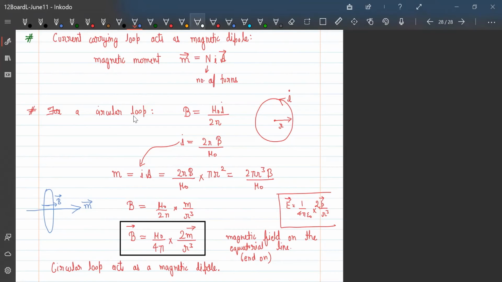The direction of the magnetic dipole and magnetic field is the same, so we can consider all of these loops as a dipole with the magnetic field in the same direction as the dipole.